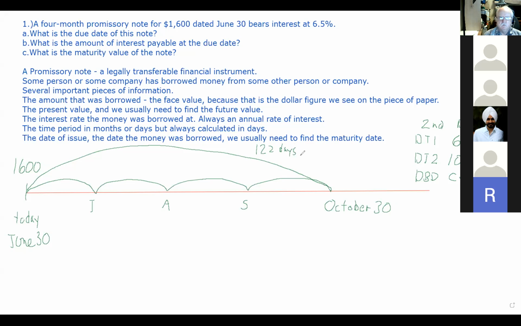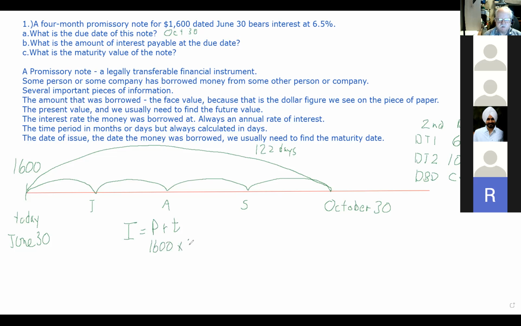So it says, what is the due date for this note? And we've decided it's October 30th. What is the amount of interest payable on the due date? So if we're just calculating the interest, we'd use I equals PRT. And the principal was 1,600.